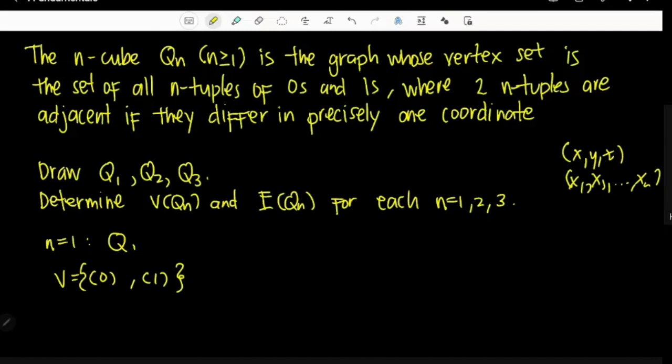So you have an edge if the two tuples differ in precisely one coordinate. So the coordinate of the first point is 0 and the coordinate of the other point is 1. So this is the point 0, this is the point 1, and that's your edge. So that's Q1. Well, not a very interesting graph, but later you'll see why it's called a cube, an n cube.